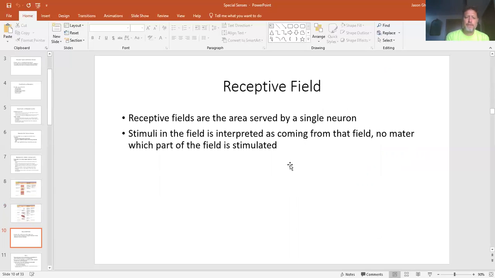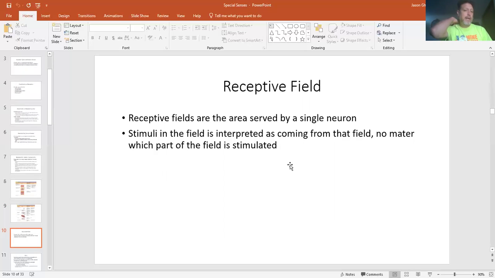A receptive field. This is the size of area that a nerve ending receives information from. Now on your fingers, the nerves are really close together, so they have a really fine sensing ability, so you can sense the texture or the shape of things with your fingers.